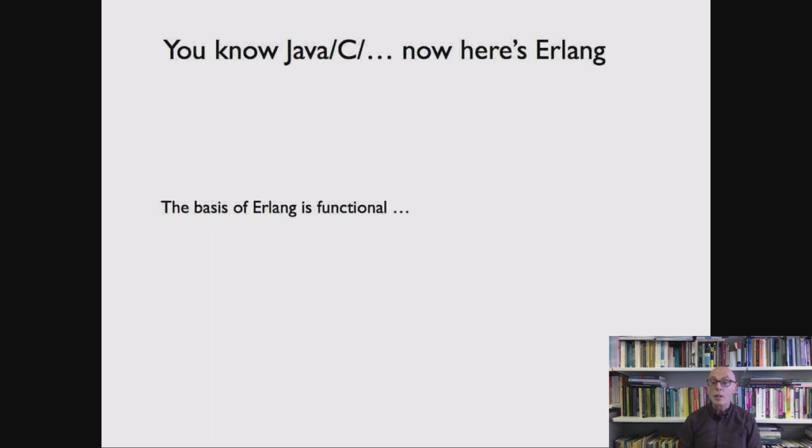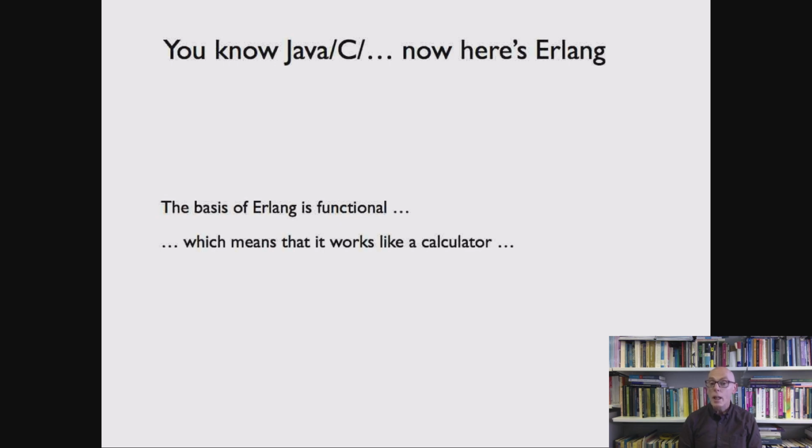We're now talking about Erlang, and we've said the basis of Erlang is functional, and what that means at the simplest is that the Erlang system works like a calculator. What a calculator does, you remember, is if you type in an arithmetical expression like 3 plus 2 times 4, what you get out is the answer, which in this case would be 11.